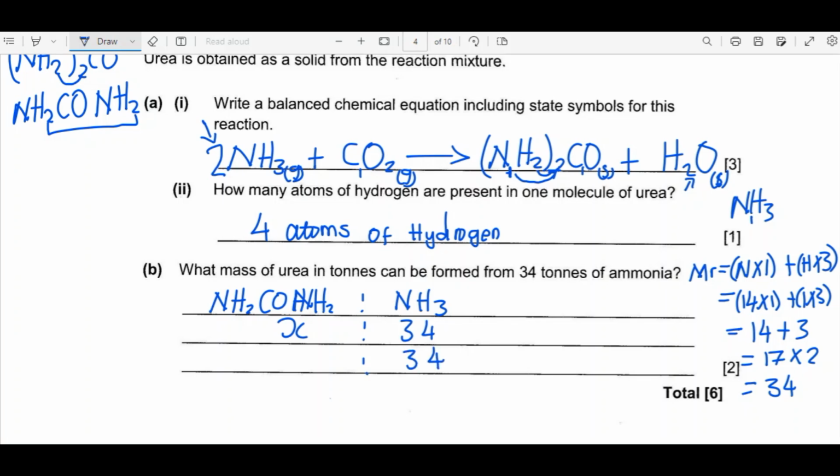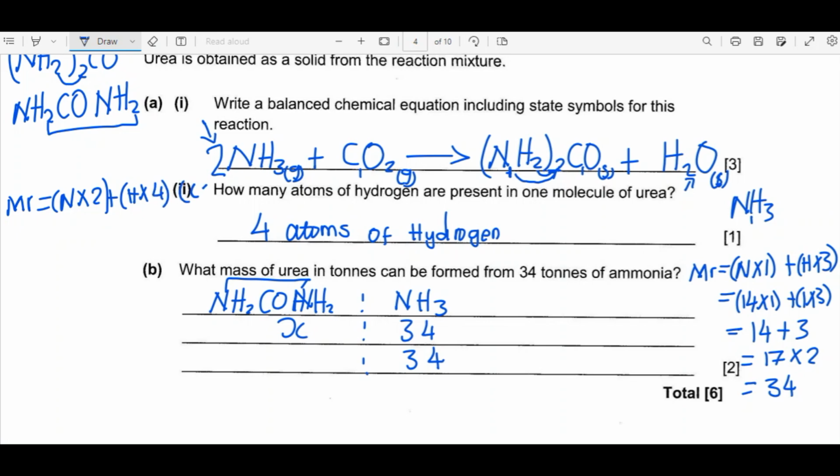What else? We are going to find the relative molecular mass of the substance whose mass we are solving for. So let's look at this one. So we have the mass is equal to nitrogen times 2, we have 2 atoms of nitrogen, these 2 here, plus hydrogen multiplied by 4.